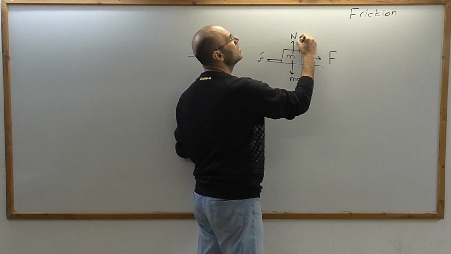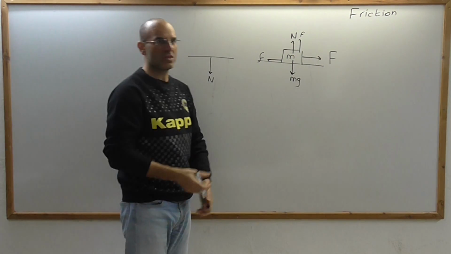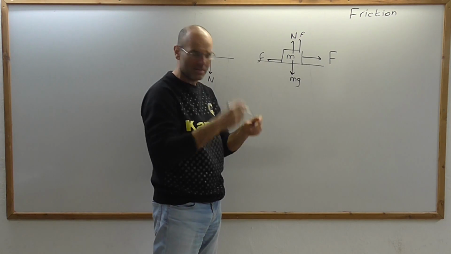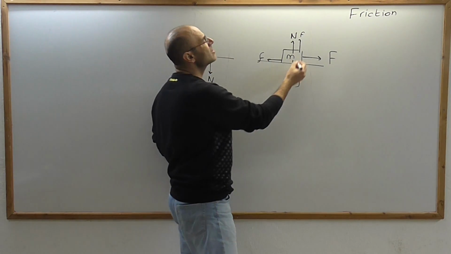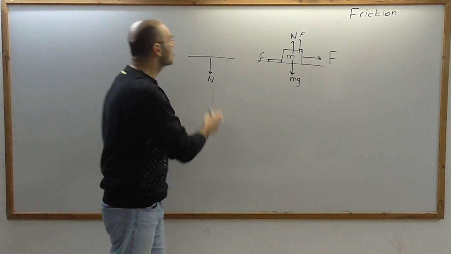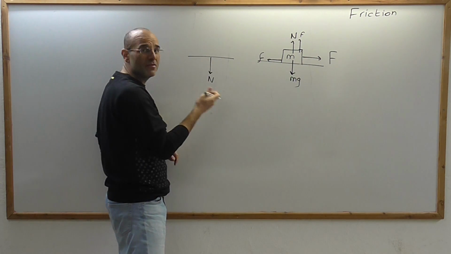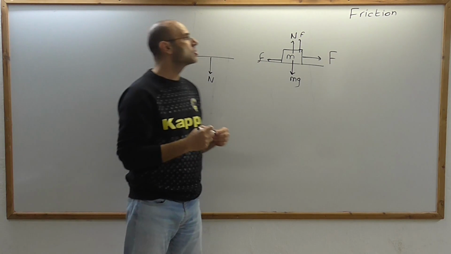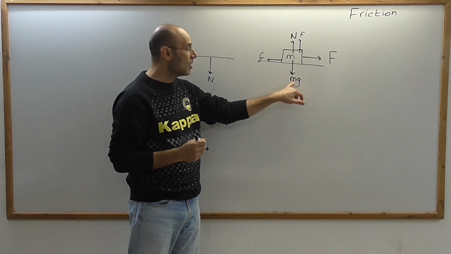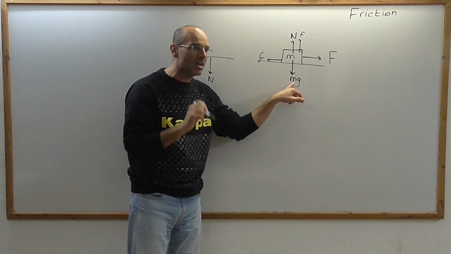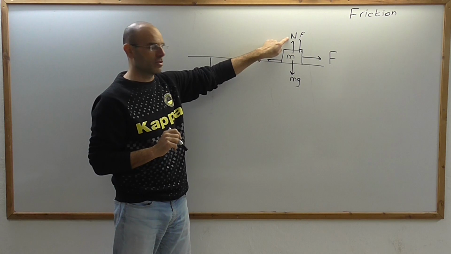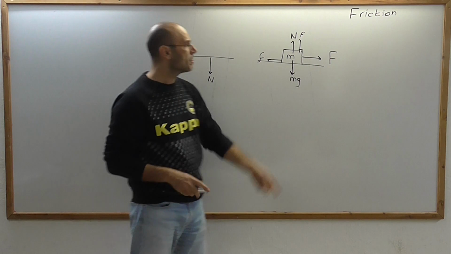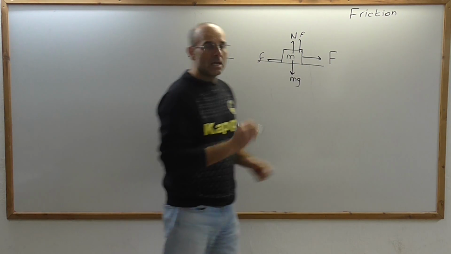But if I pull the elephant up a little bit, not a lot, it will press lighter on the surface, so the normal force that the surface will feel will be much lighter and the friction will be much lighter. So the friction depends not directly on mg, it depends on the normal force. So the friction depends on two things: the surface material, and the normal force.